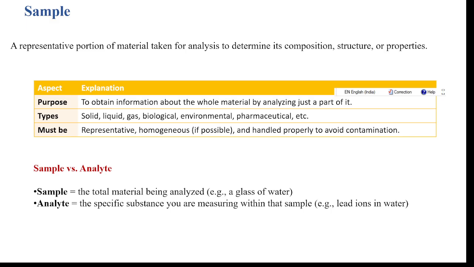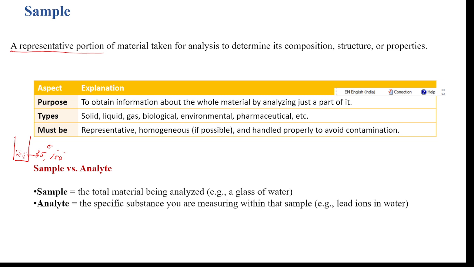A representative sample. Here this word is very important. For example, you have a reaction container like this. It may have an amount of 25 ml, 100 ml, 5 ml and so on. But you cannot take this whole sample to analyze it because every instrument has a limitation of amounts.